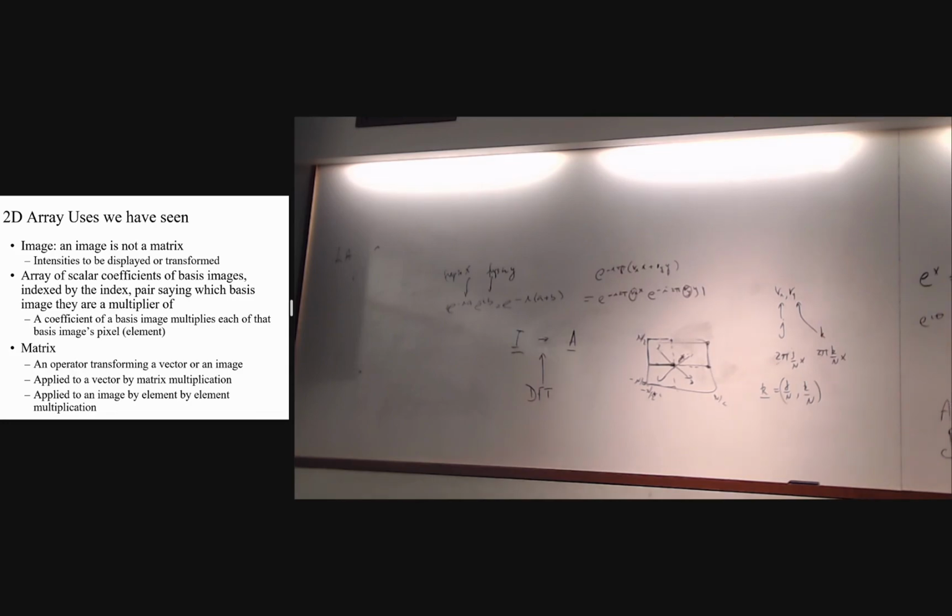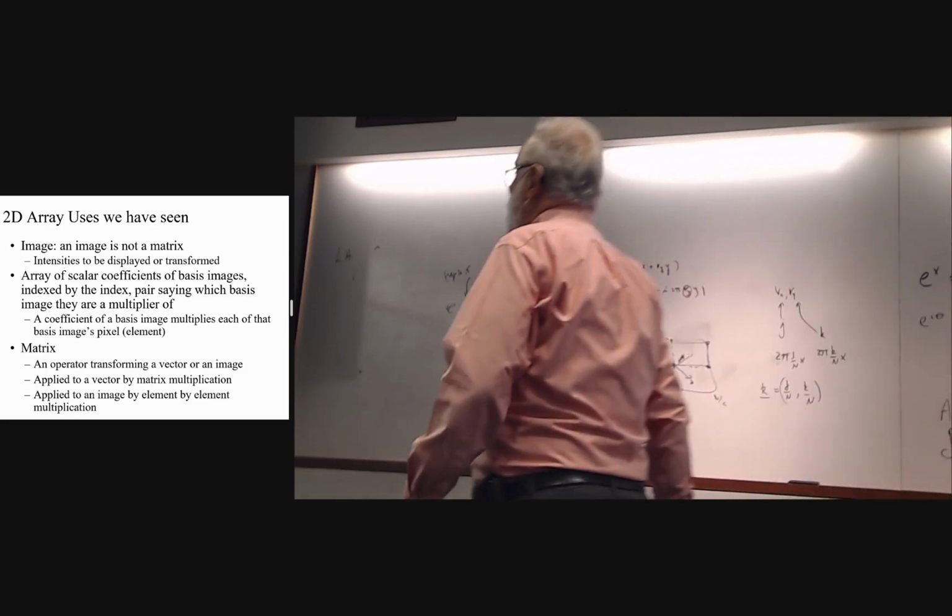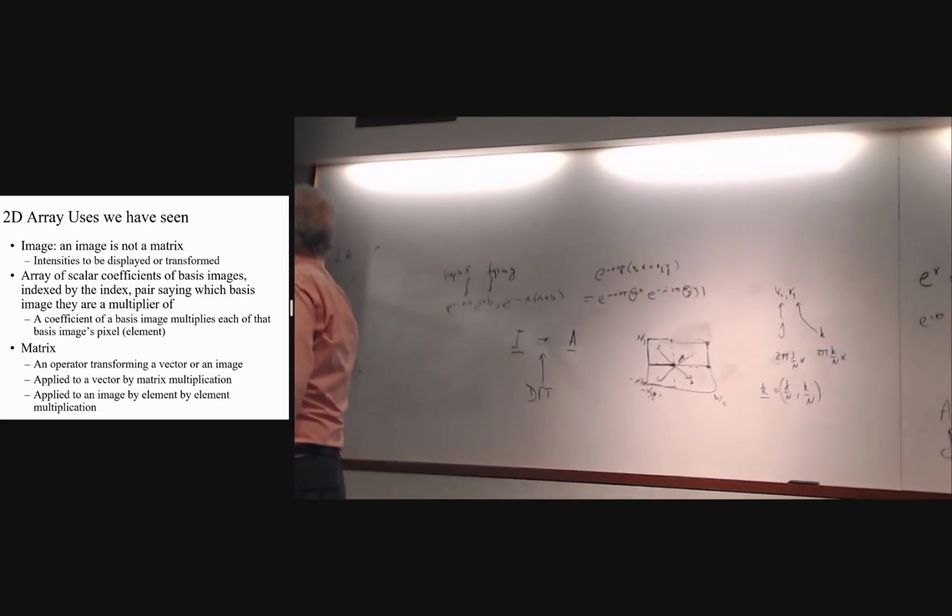And those aren't matrices either. They're arrays. They're listings of all the coefficients of the associated breakdown of an image in terms of eigen images. Okay? So we have arrays of the basic image data.